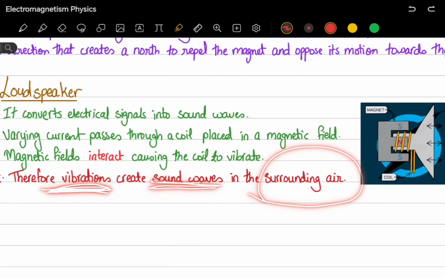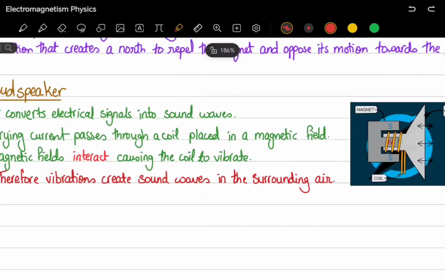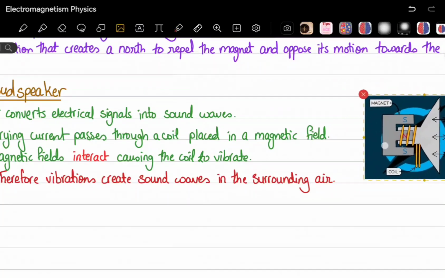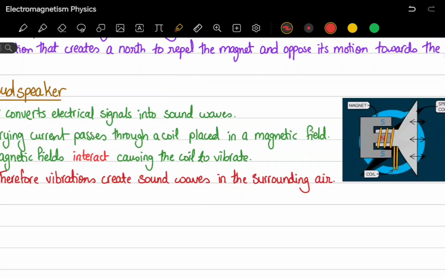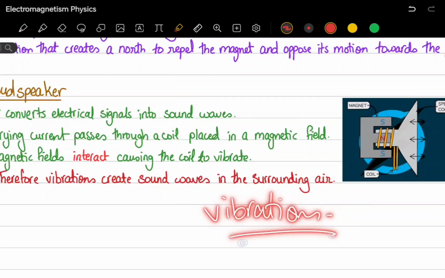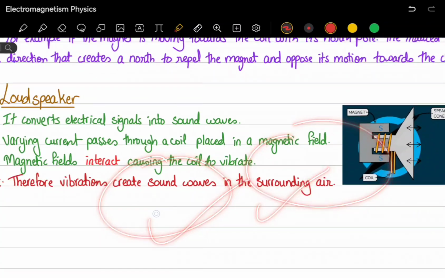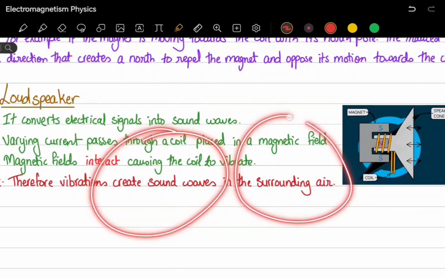So for example, if we have a varying current, which means an alternating current, passing through the coil here, this causes the coil to have its own magnetic field. The magnetic field of the coil will interact with the magnetic field of the bar magnet, and therefore this will cause a force. This force is represented in the form of vibrations, which create sound waves in the surrounding air. So whenever we have two magnetic fields interacting together, they will always cause a force.